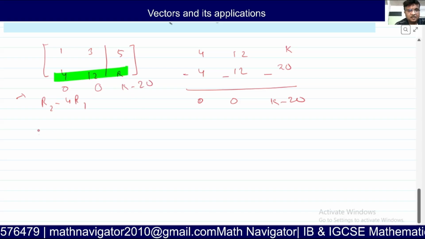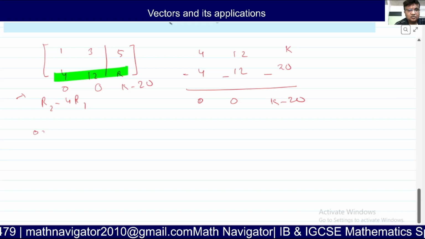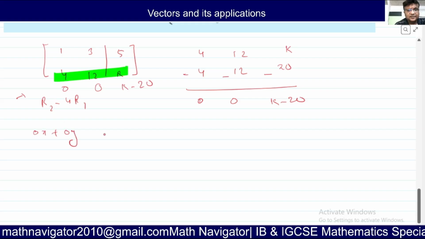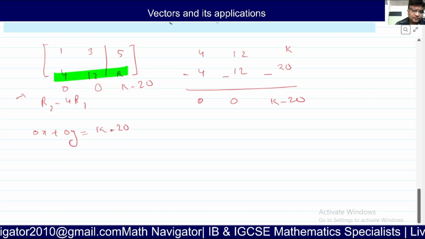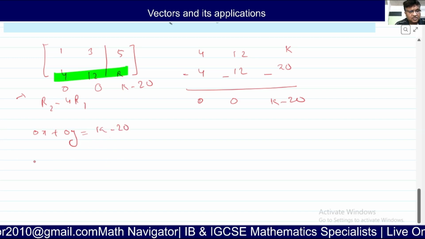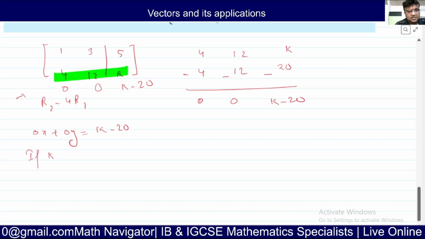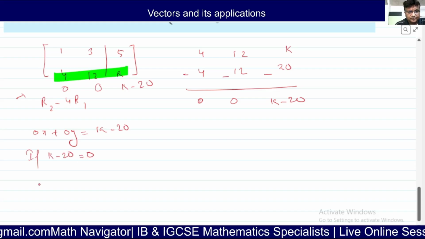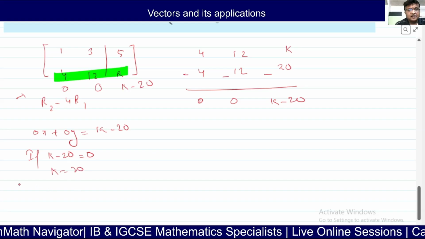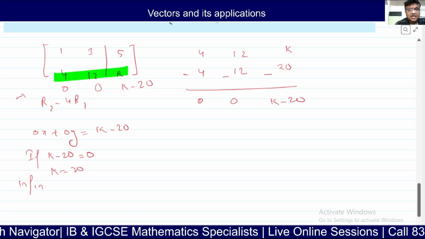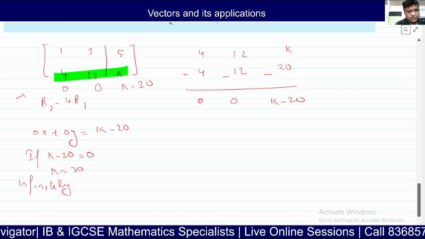So from here I will get 0x plus 0y equal to k minus 20. If k minus 20 is equal to 0, that means k is equal to 20, then there are infinitely many solutions.